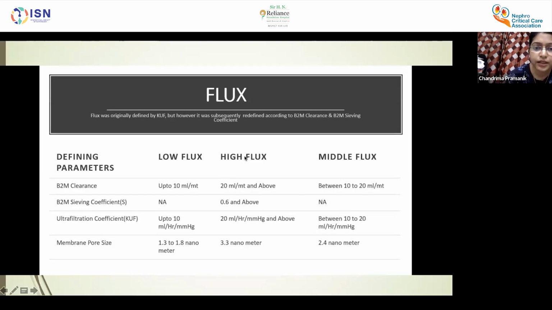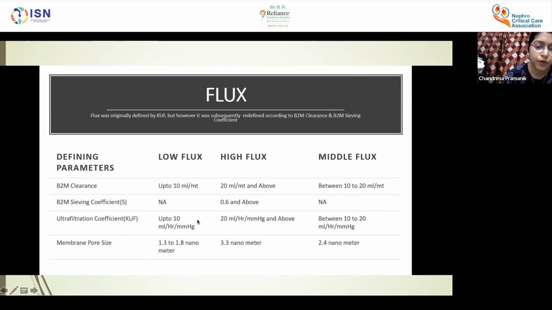In case of high flux dialyzers, the beta-2 microglobulin sieving coefficient is 0.6 or above. If a sieving coefficient is equivalent to 0, that means none of the solute is permeable. If it is 1, that means it is fully permeable to the solute. So the ultrafiltration coefficient in case of low flux dialyzer is up to 10 milliliter per hour per millimeter mercury, whereas in case of high flux, it is more than or equal to 20 milliliter per hour per millimeter mercury.